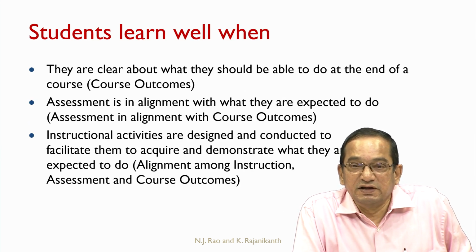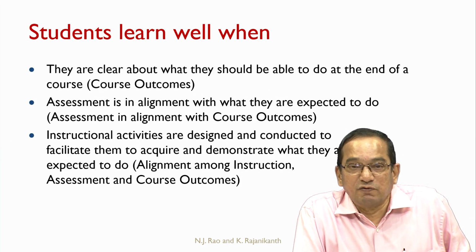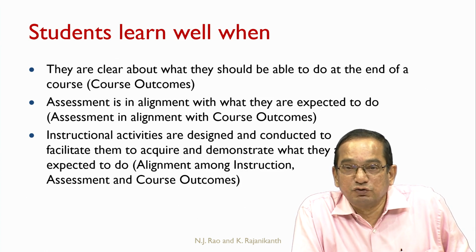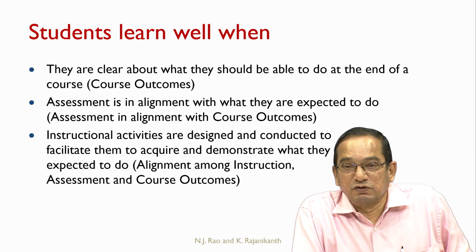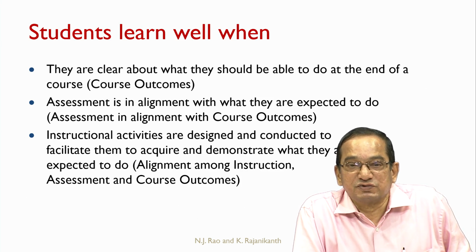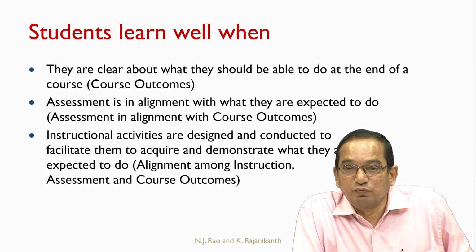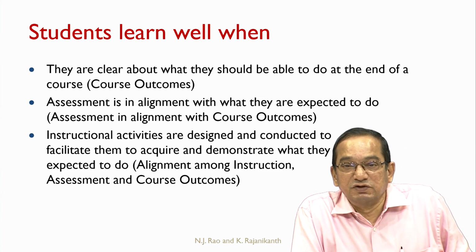And it is empirically well established that students learn well when they are clear about what they should be able to do at the end of a course, what we are calling course outcomes. Assessment is in alignment with what they are expected to do. In other words, assessment is in alignment with course outcomes.